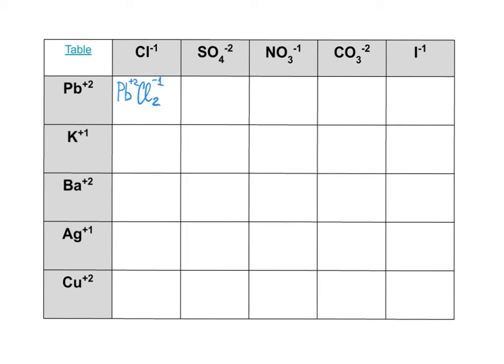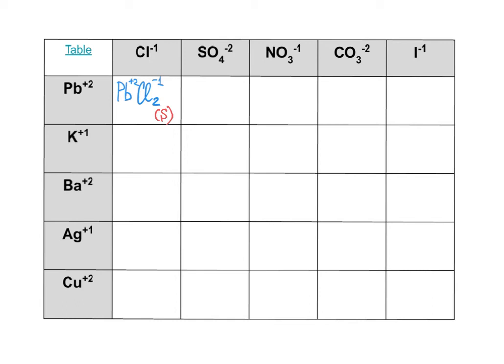Now let's see if this qualifies as a soluble or insoluble compound. Chlorides usually form soluble compounds unless they are with the exception, and lead happens to be one of those exceptions, meaning that this compound will be deemed to be a solid.